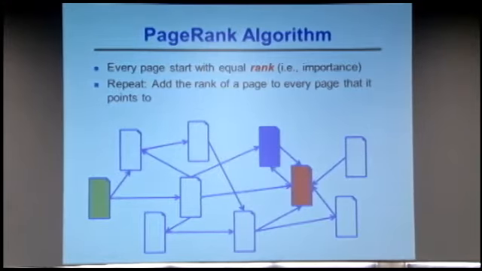So immediately the rank of the red page goes from 1 to 6. Now what about this green page, which we agreed is not important? Its rank will not change. Nobody's pointing to it. It will give its vote to other pages, but nobody's voting for it. So in the first step of the algorithm, the red page became more important.